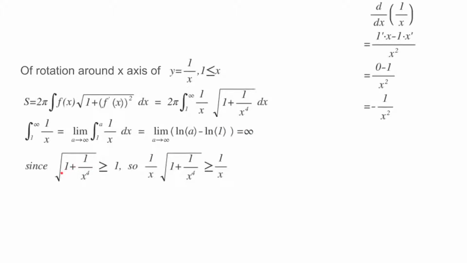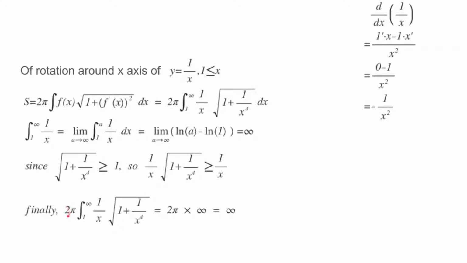Since the square root of 1 plus 1 over x to the 4th is bigger than 1, 1 over x times the square root of 1 plus 1 over x to the 4th is bigger than 1 over x, because a bigger x to the 4th makes 1 over x to the 4th smaller.